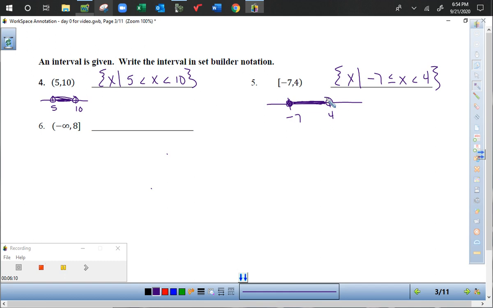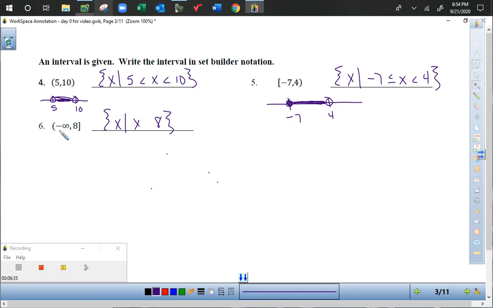Alright, when we have interval notation with infinity involved, what we're going to do is always say x is to the left of the number we're given, or x is to the right of the number we're given. So start out with the x such that, and then we're going to compare x to the number 8, and just decide, would that be to the left of that, or to the right?